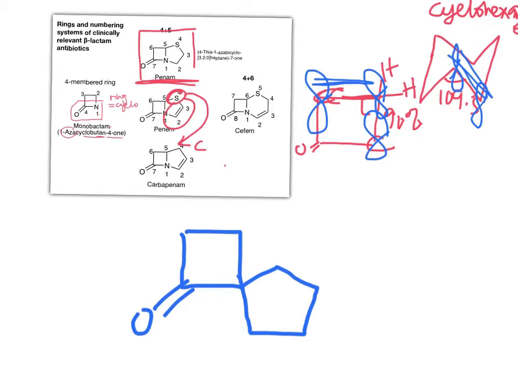However, if you have something like beta-lactam, a fused bicyclic ring, now it gets into double trouble, in a sense. Why? Because the first one is already very strained.